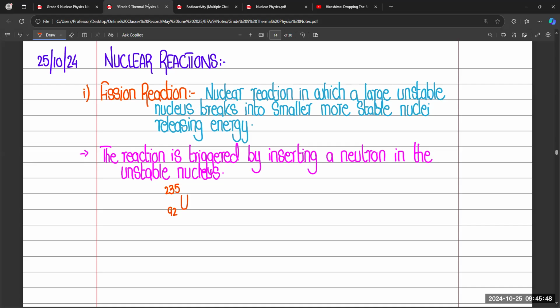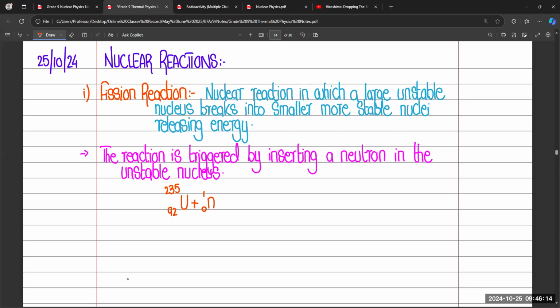And the second thing is we need to start this reaction by inserting a neutron. So we need to add a neutron in the reaction. So this is the neutron, right? 0 means 0 protons, 1 means 1 nucleon only.